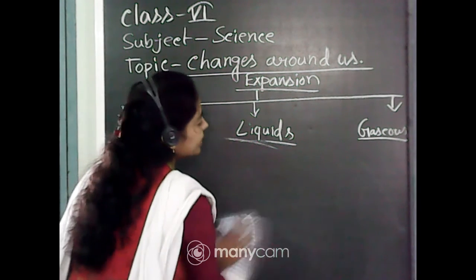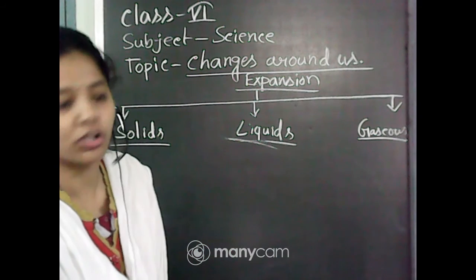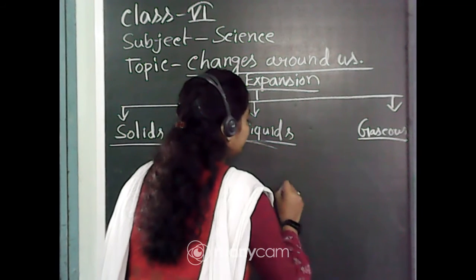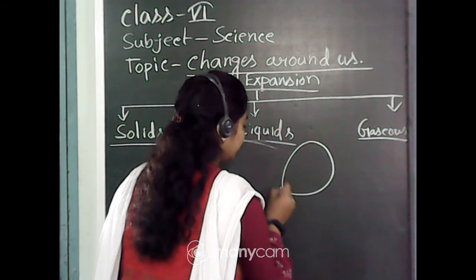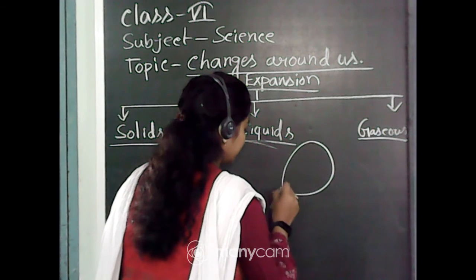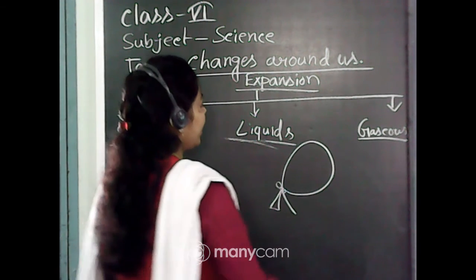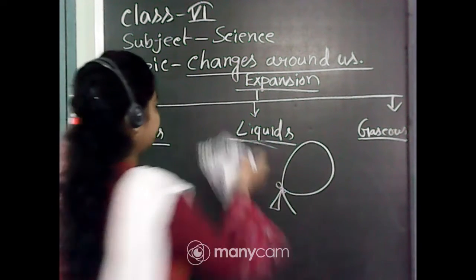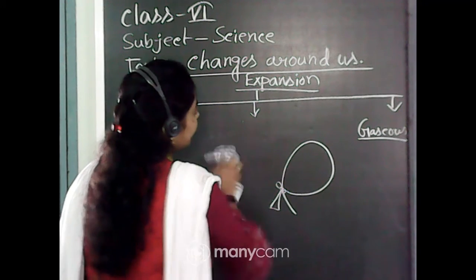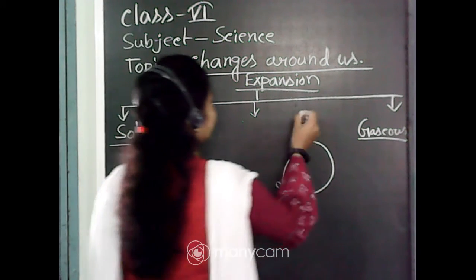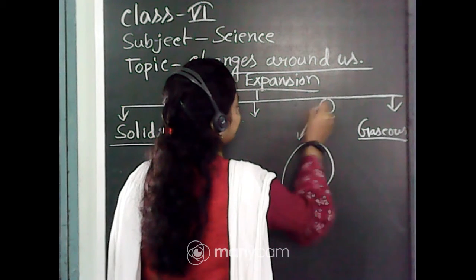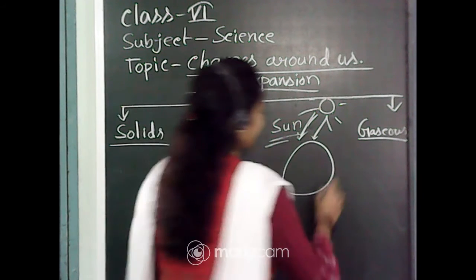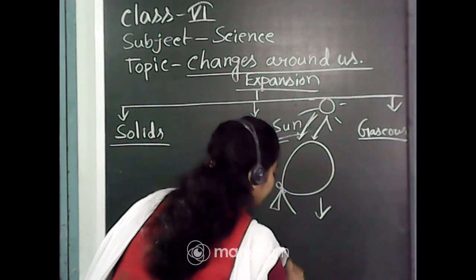Next comes expansion in the case of gaseous things, like an inflated balloon. This is a balloon and it is kept under the sun. If an inflated balloon is kept under the sun, meaning heat comes from the sun, after some time it will become larger.